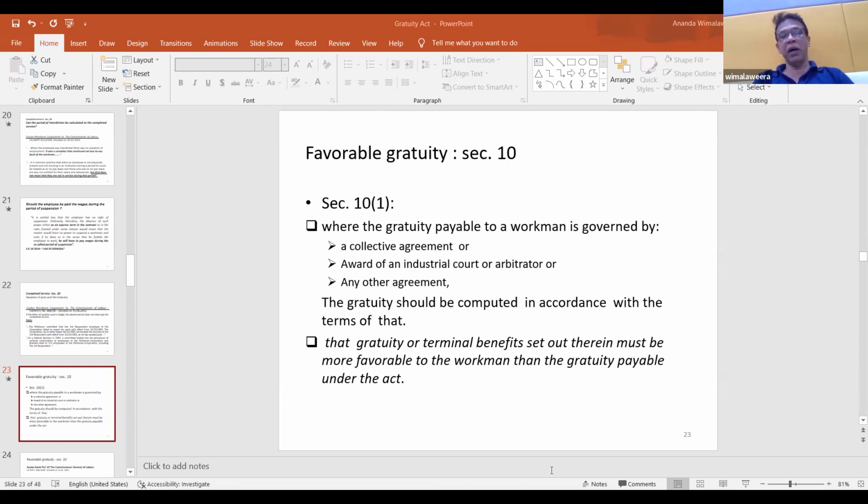Is governed by, first bullet, a collective agreement.